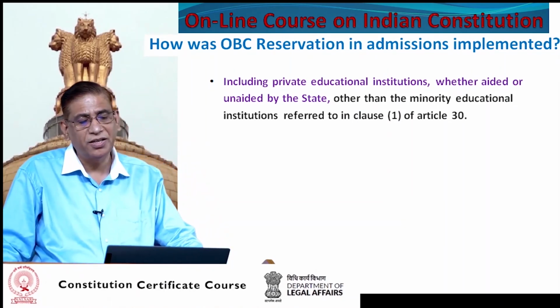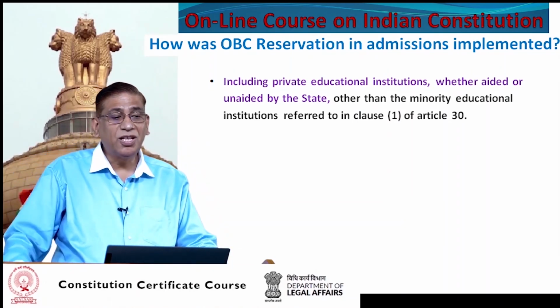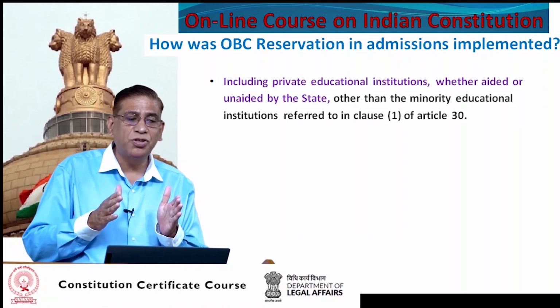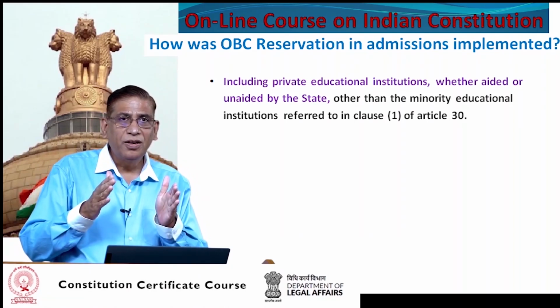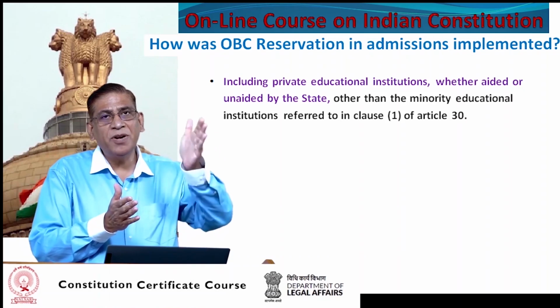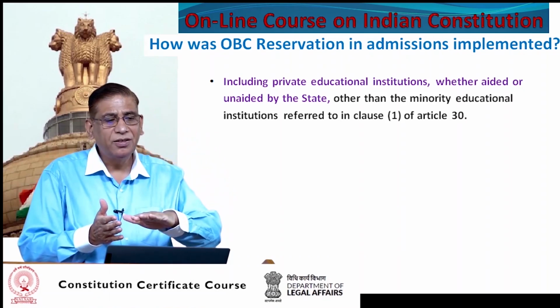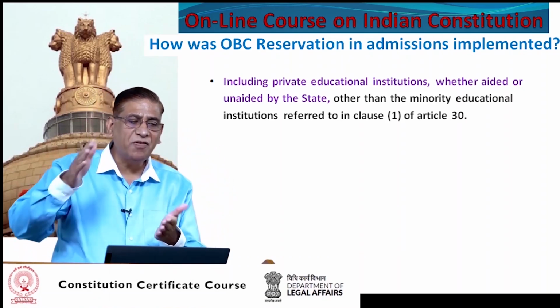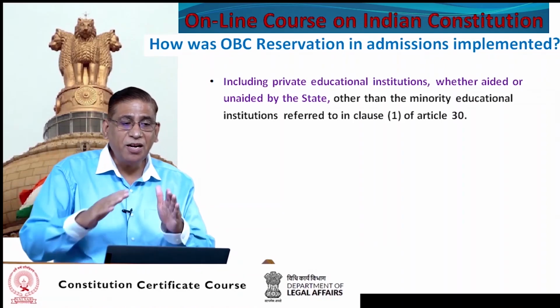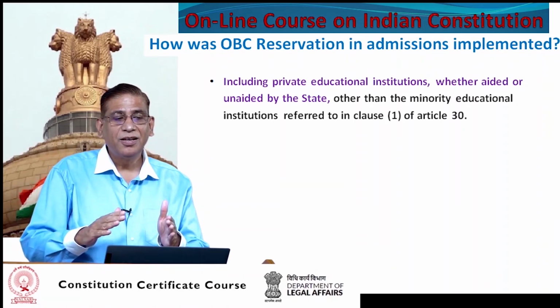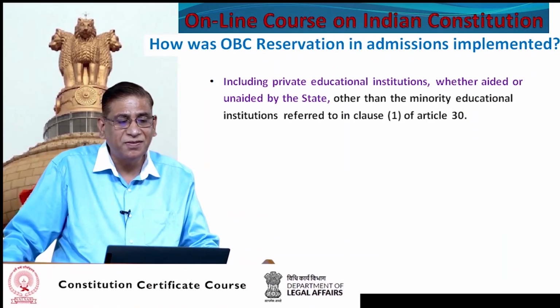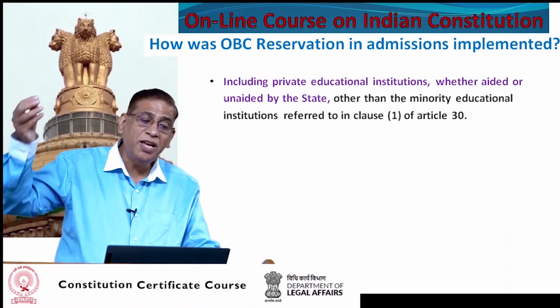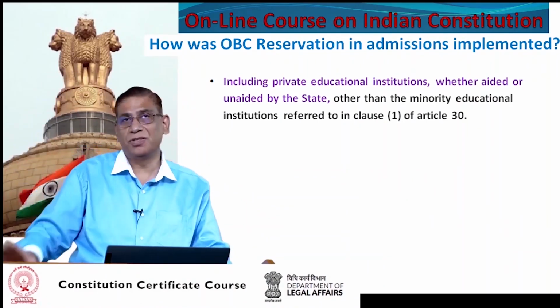provided in Article 30. So this 93rd constitutional amendment is talking of giving another enabling power to the state to provide for reservation in admissions for any socially and educationally backward classes of citizens, including private educational institutions.